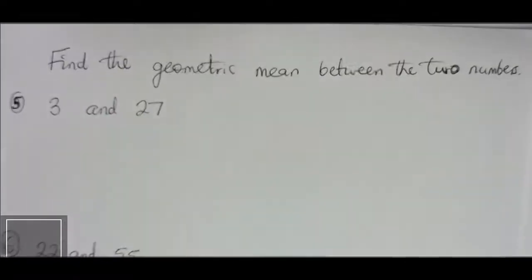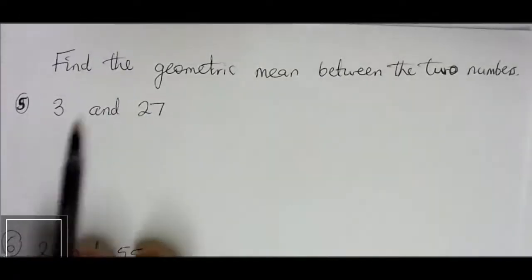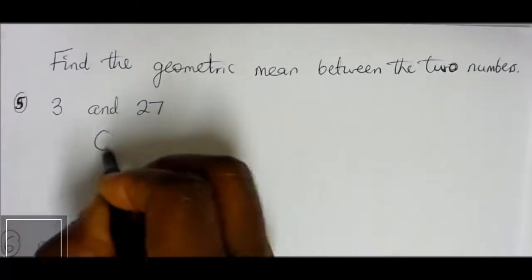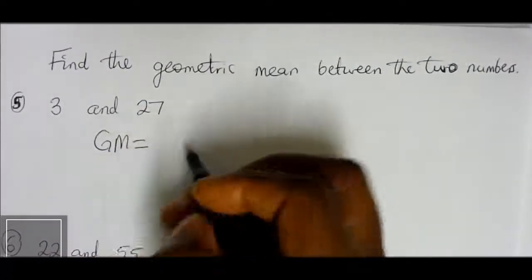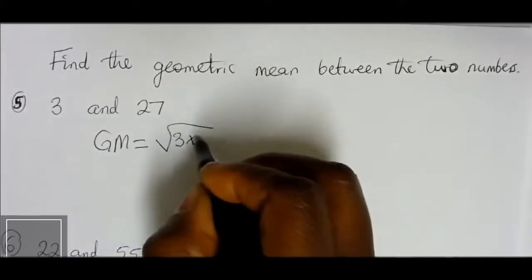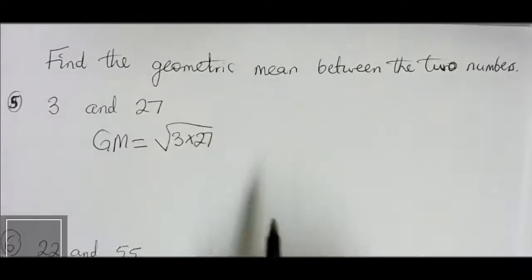Alright, find the geometric mean of these two numbers, 3 and 27. Their geometric mean is going to be the square root of their product.